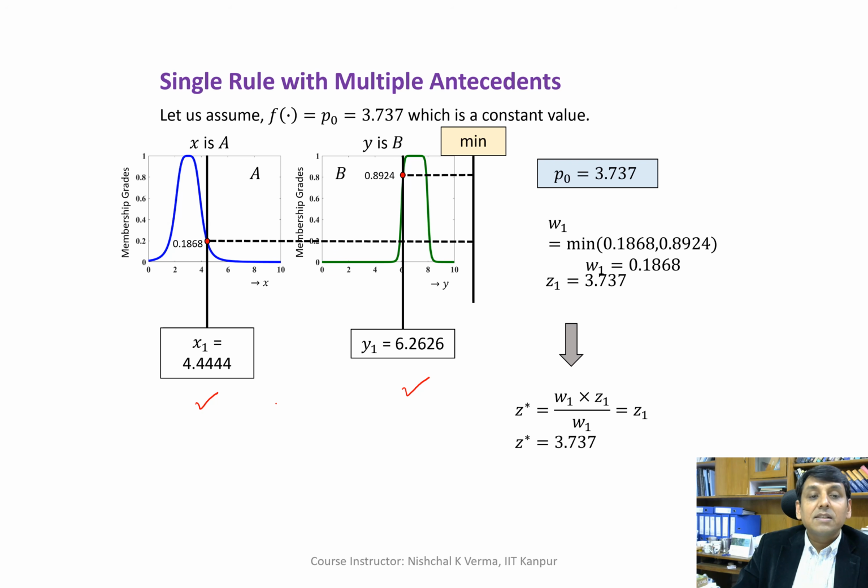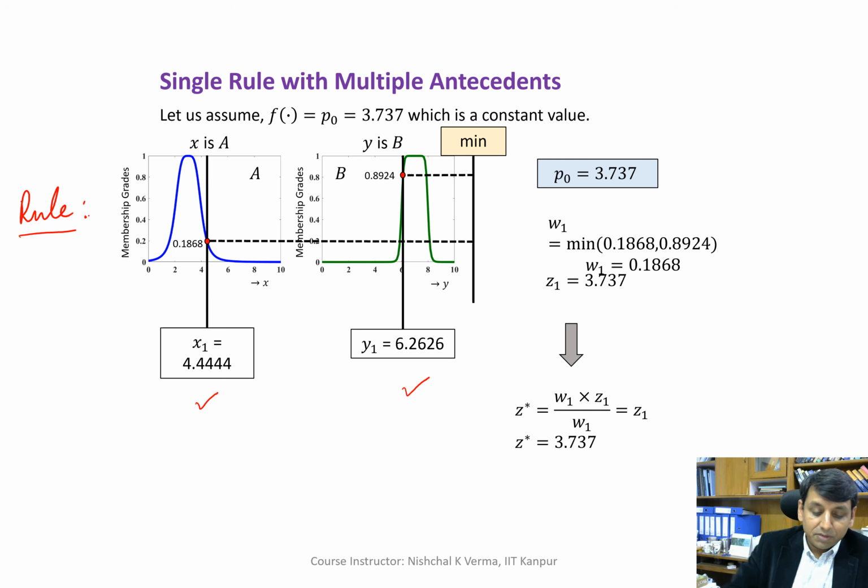Because otherwise these fuzzy regions may not be relevant and this rule may not be applicable. So this is the rule, where if X is capital A and Y is capital B, the output is P0.